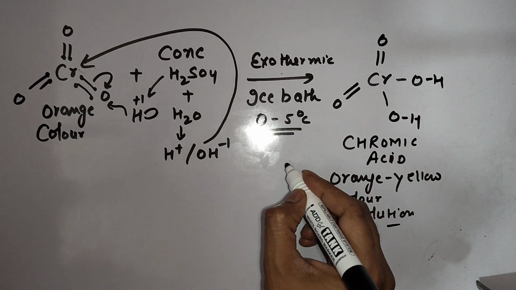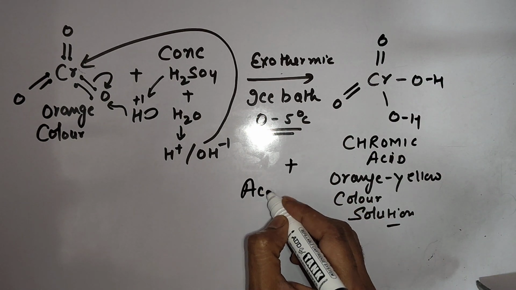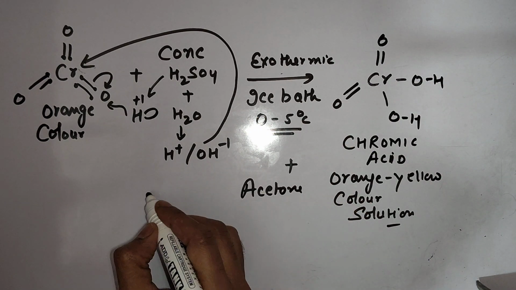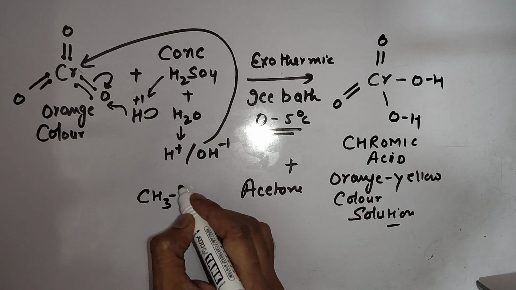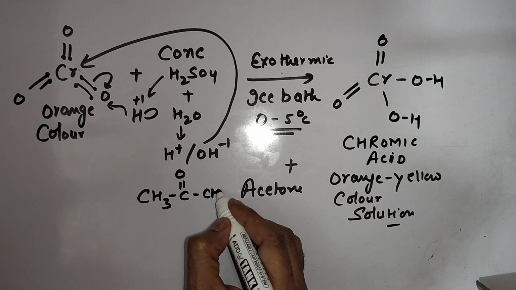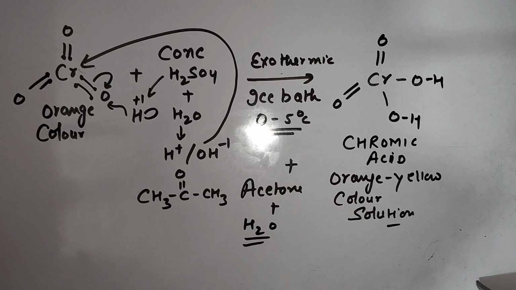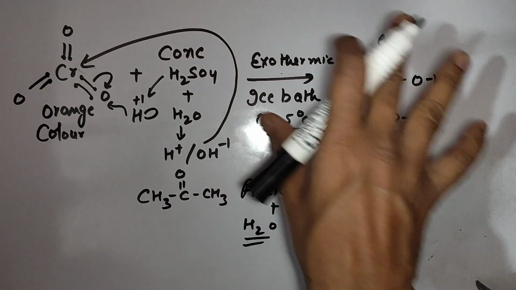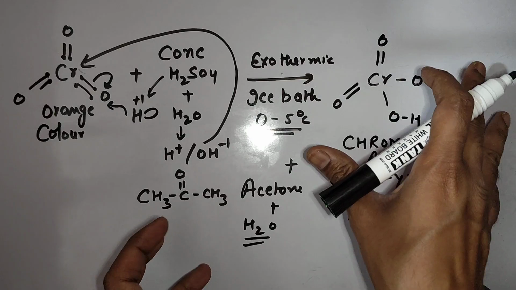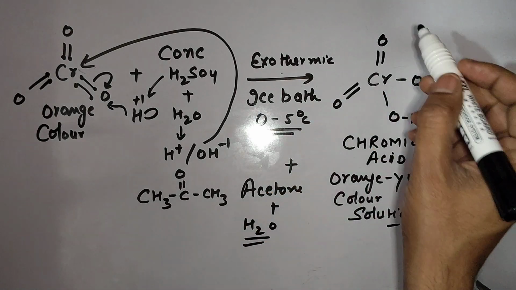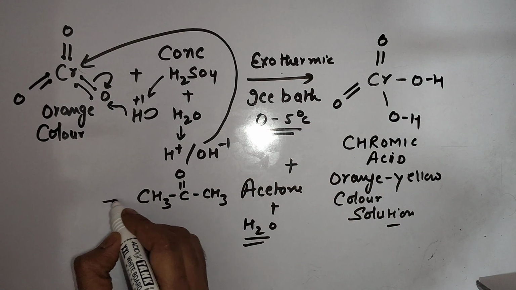In this chromic acid, we will add acetone as a solvent plus water, H2O. So when this chromic acid is added in acetone and water, this mixture is known as Jones reagent.